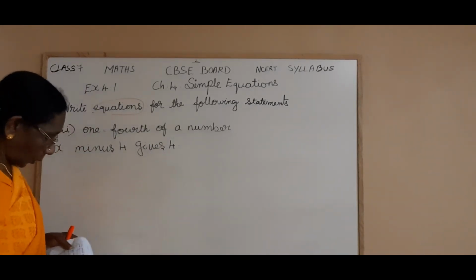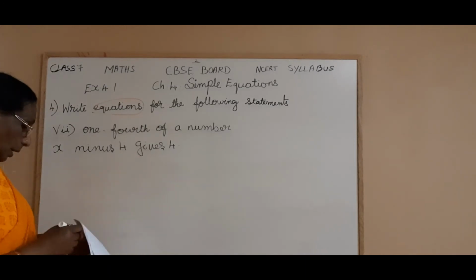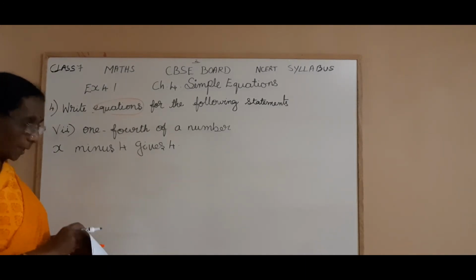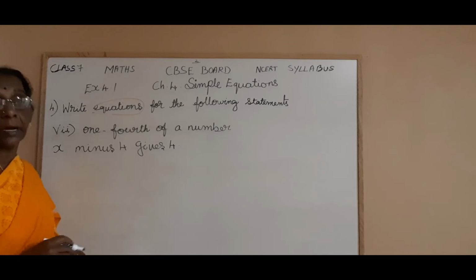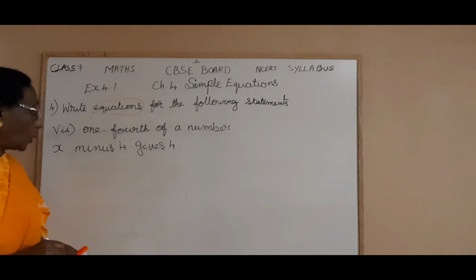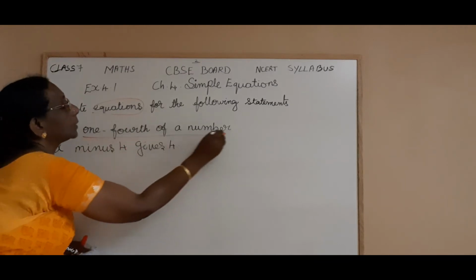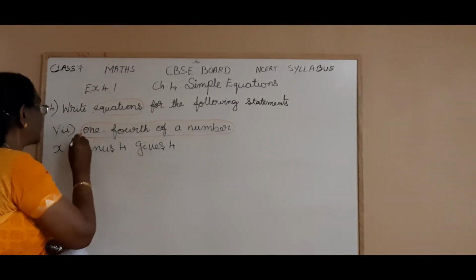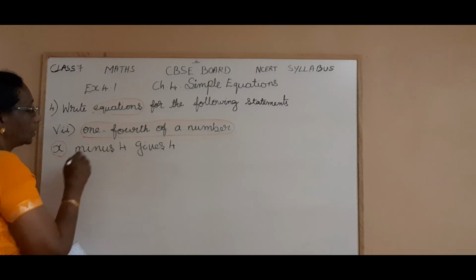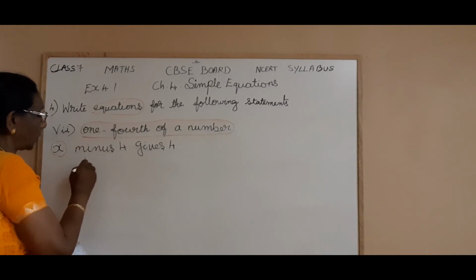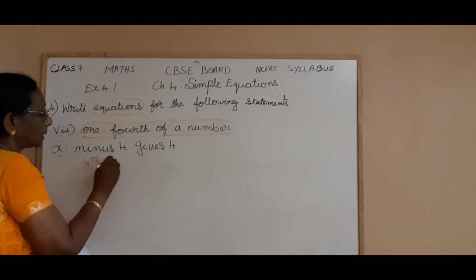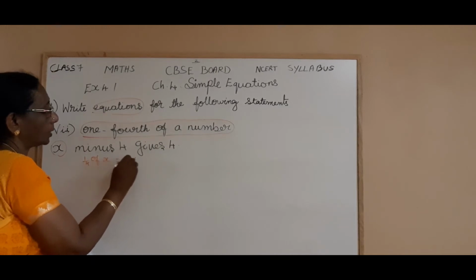Okay, 1/4 of a number, and all of you know 1/4 is the name of a fraction. The other word for 1/4 is what? Quarter. So 1/4 of a number. What is that number? x. So 1/4 of a number is 1/4 of x. That is equal to 1/4 into x.